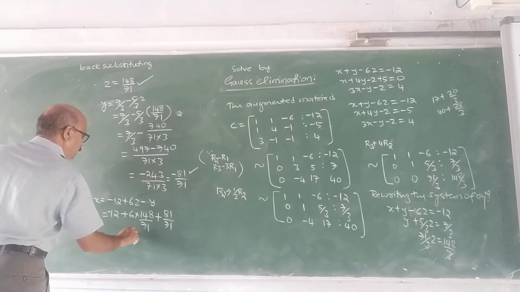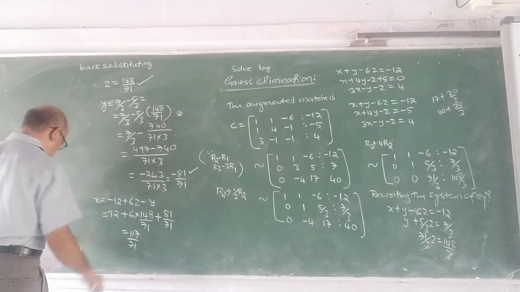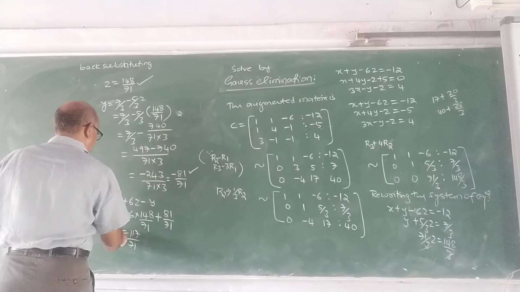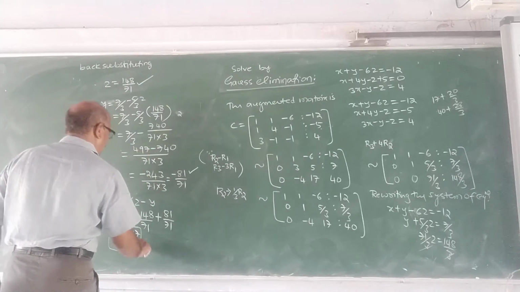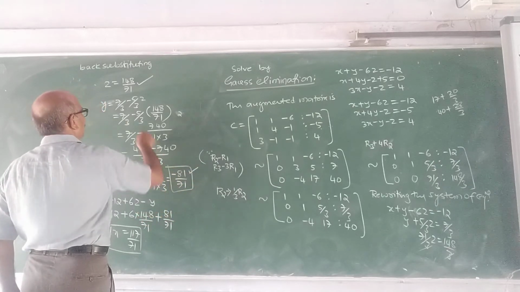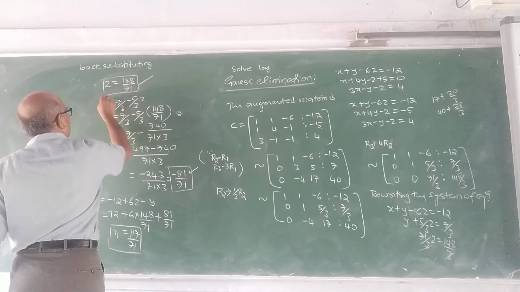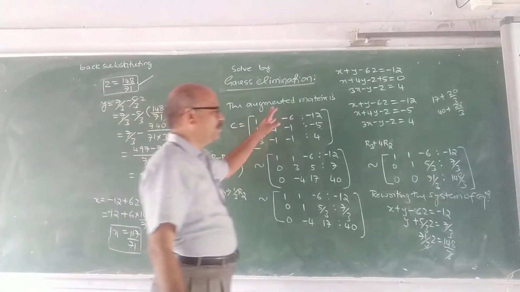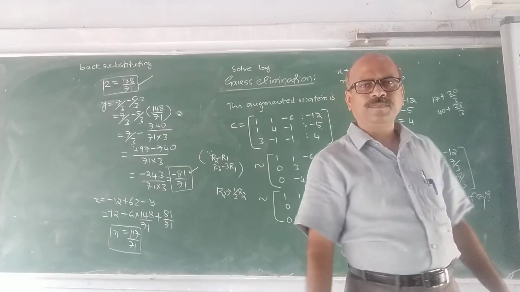Simplify, you get 117 by 71. So the solution is x is 117 by 71, y is minus 81 by 71, z is 148 by 71, and this is called Gauss elimination method.